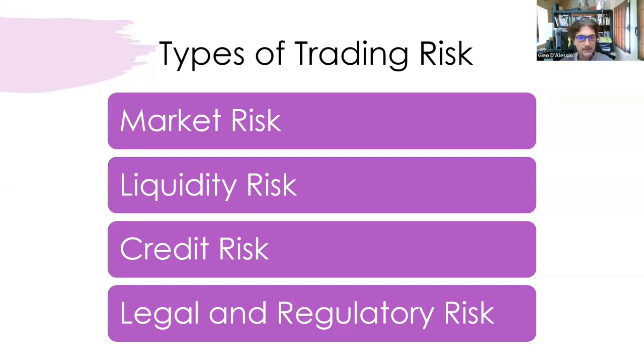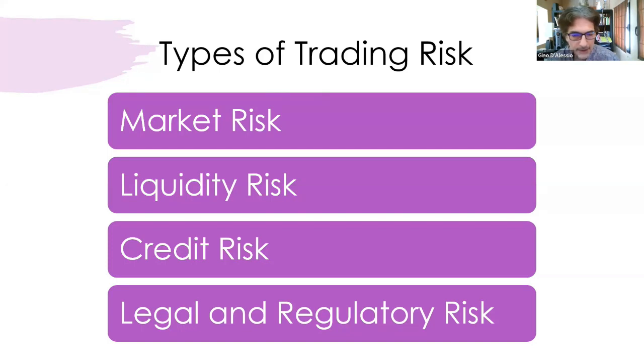obviously the main one is market risk. This is the risk we have when we're trading. Basically, when you open a position, let's say you buy a specific asset or you sell an asset, and you want it to go in your direction to make money. And the risk you have, of course, is that it goes in the opposite direction and you lose money.